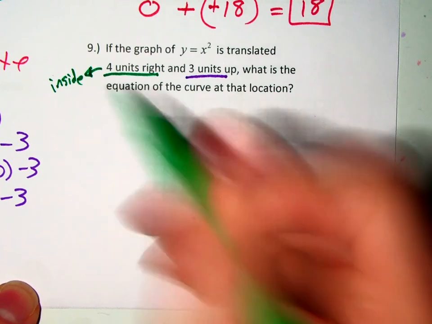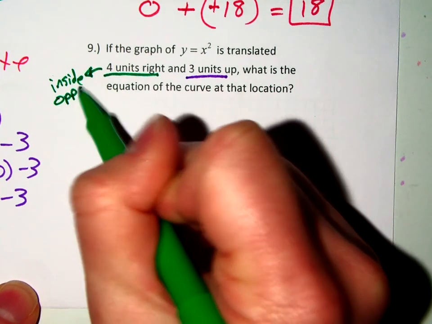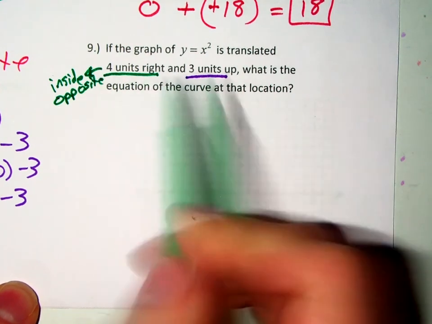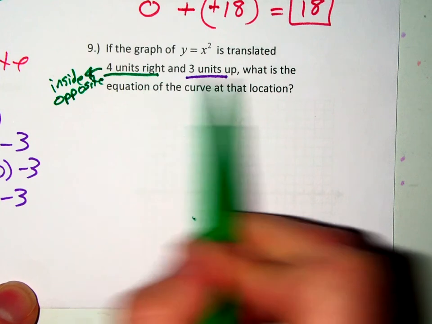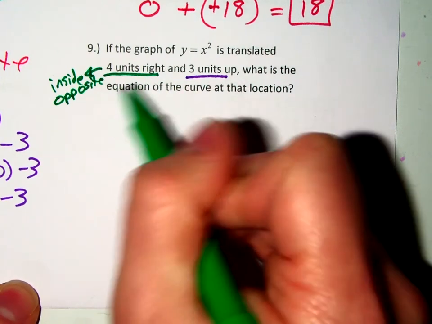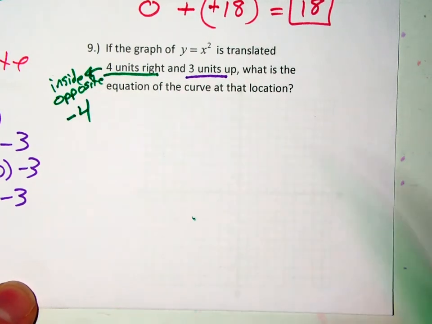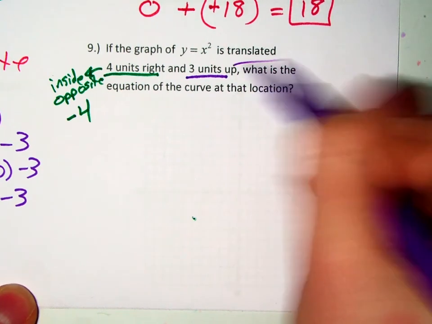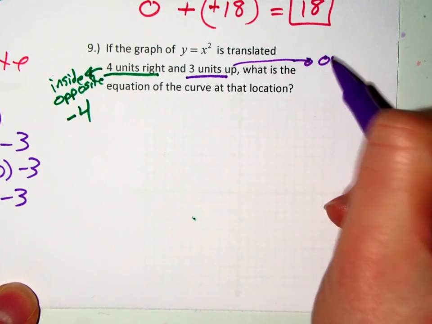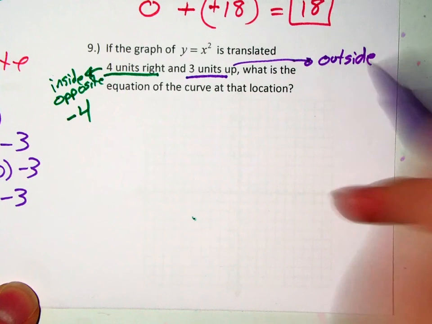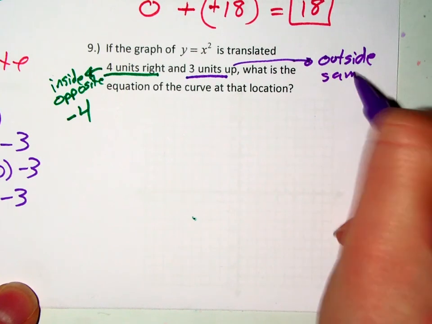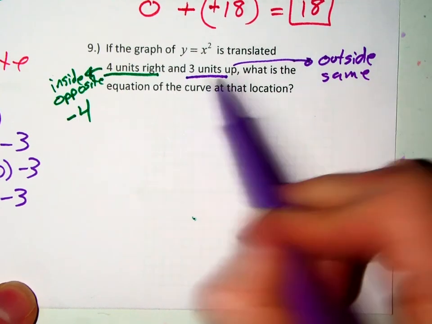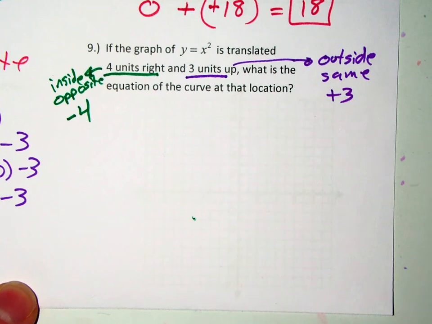And since it's on the inside, we do the opposite of what the operation normally would be thought of, because normally I think of the right as being positive, so I'd want to put plus 4, but since we do the opposite, it would be a minus 4 on the inside. Then, when it says 3 units up, up and down is on the outside. And the outside does the same thing that you would normally think it does. So if I want to go 3 up, I would add 3.